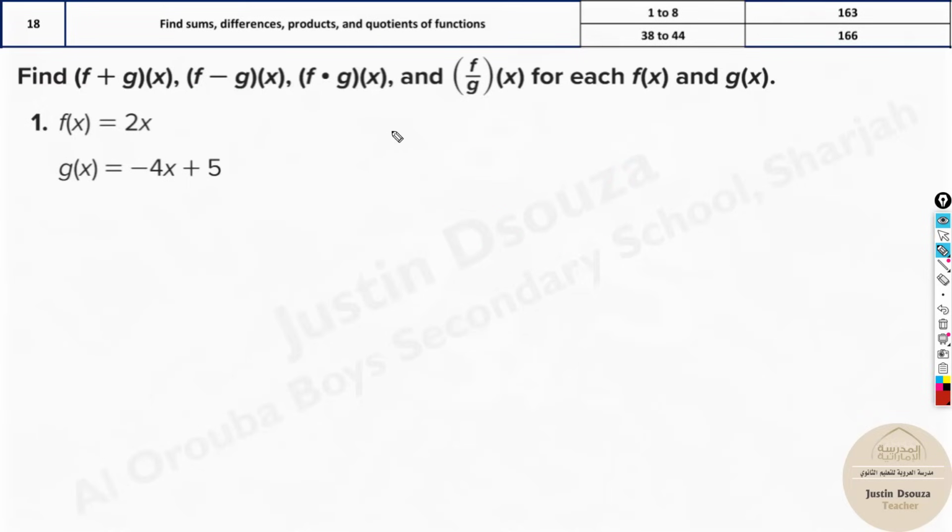For adding, it's very simple. You should just add them up. Function f of x. See, now in a written exam, what you need to do is write this. It'll be f of x plus g of x, and then substitute what is f of x. It's 2x plus minus 4x plus 5. Here it'll be 2x minus 4x plus 5, and we will get 2x plus 5.